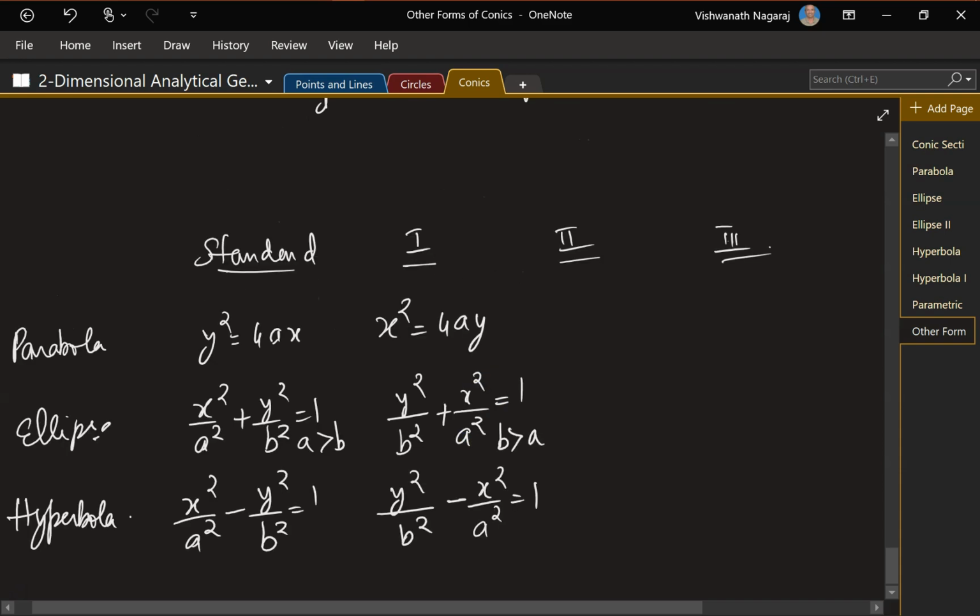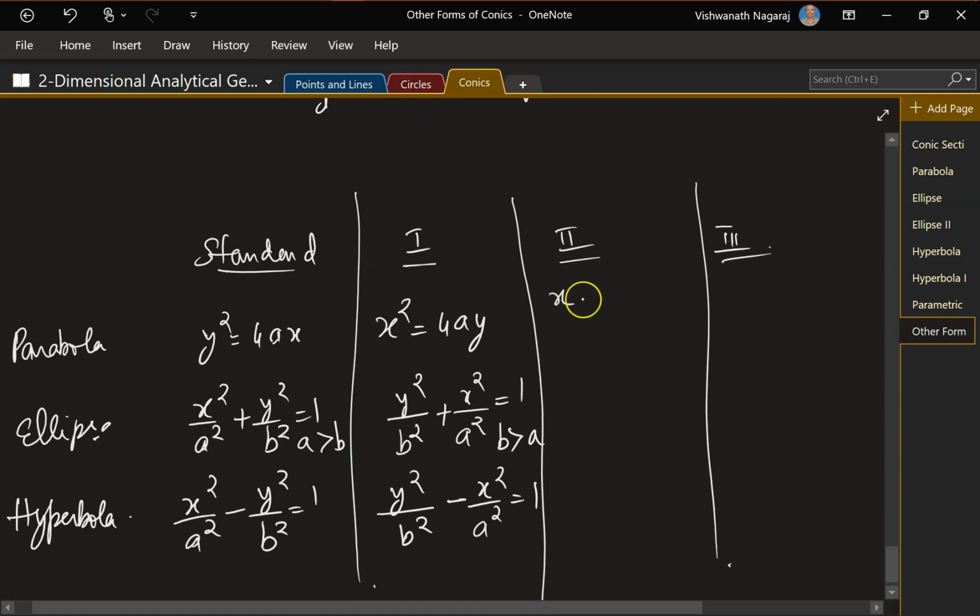Now let's look at type 2. So let me draw the lines. Now here the origin gets shifted. So we have to look at it from standard. So y minus k square is equal to 4a into x minus h. Here x minus h square by a square plus y minus k square by b square is equal to 1, and a is greater than b.